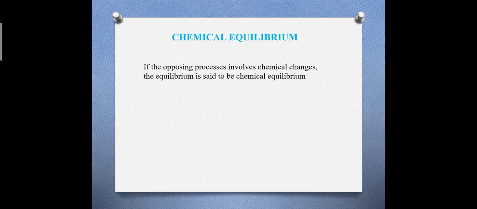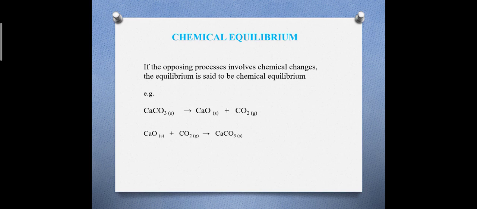As we have discussed earlier, a chemical equilibrium is defined as the opposing processes that involve chemical changes. For example, this is a forward reaction where calcium carbonate reacts upon heating to form calcium oxide and carbon dioxide gas.